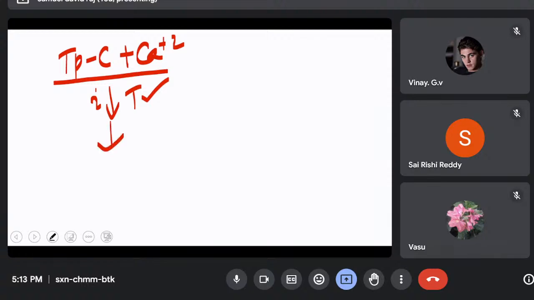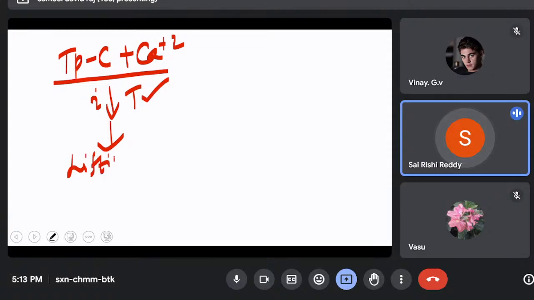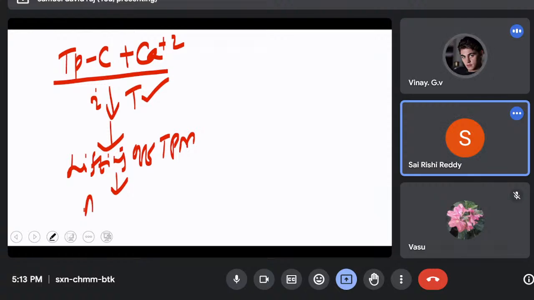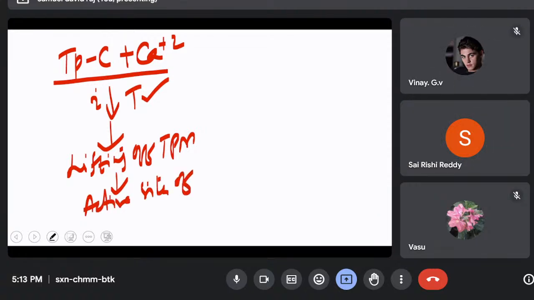It leads to what? The lifting of tropomyosin from actin. Then what does it lead to again? Active sites are exposed. Very good, excellent. Active sites of actin are exposed.